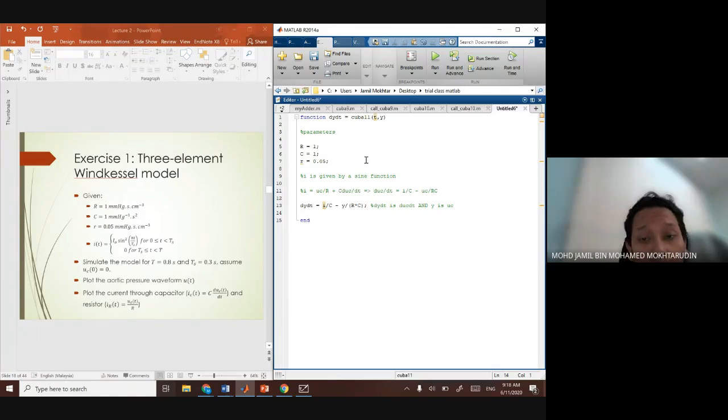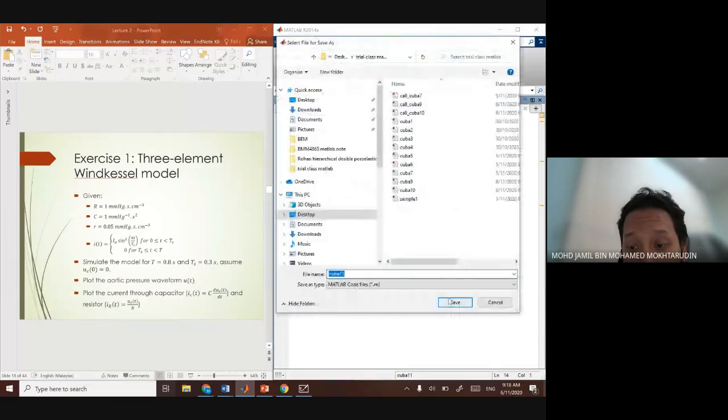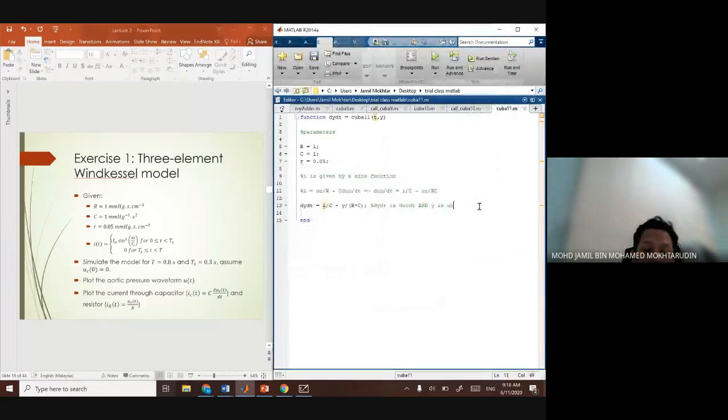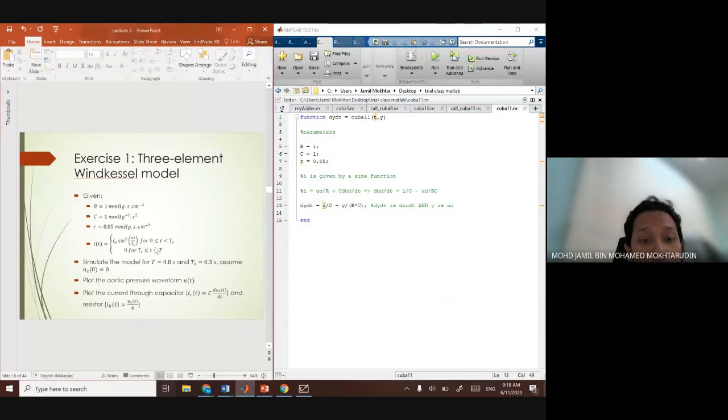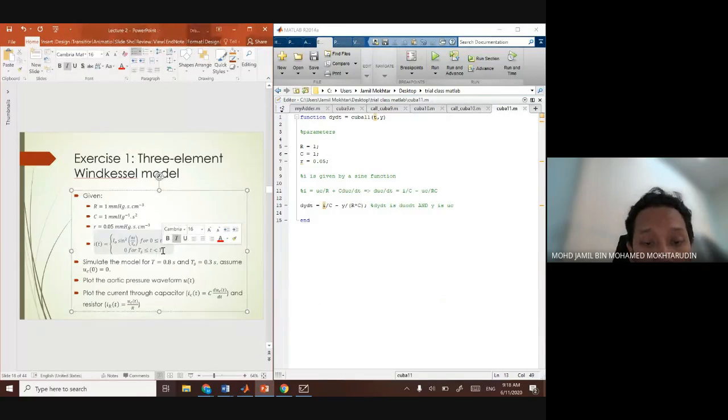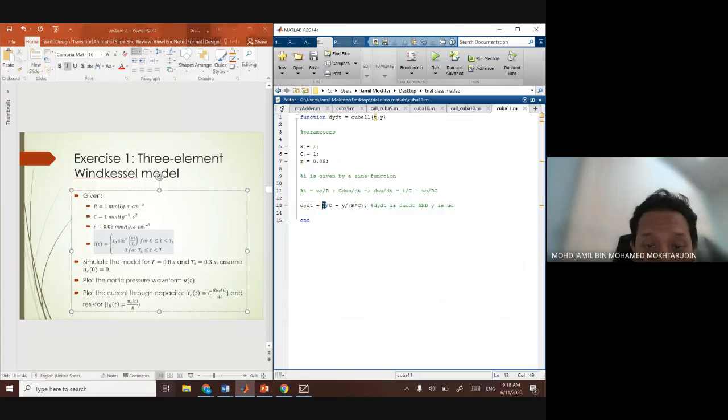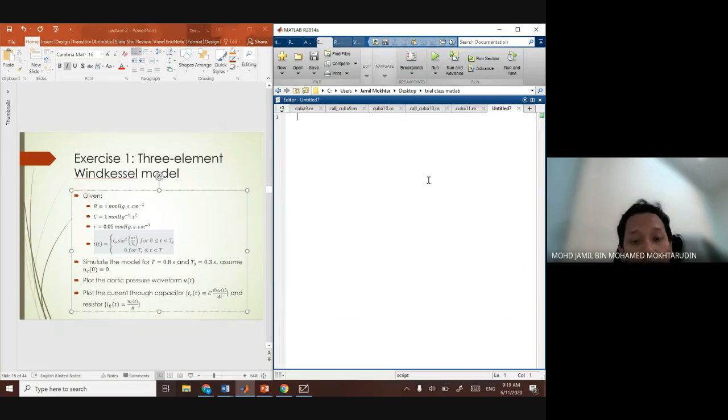So this is your ODE function. So I is in the form of a sine function, so we cannot write I in this ODE; we have to write I in the calling function. So let's write the calling function.